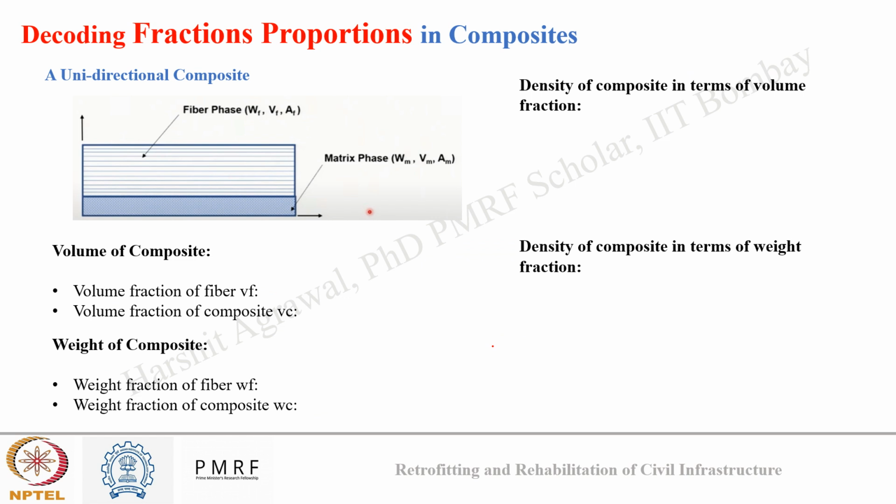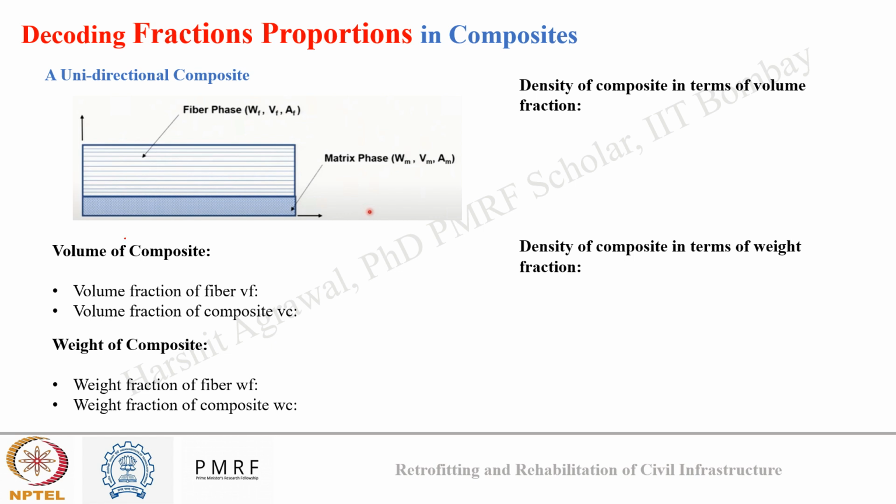First, decoding the fractional property of composite. This is the base. Why? Because these fractional proportions will decide later the elastic property of my composite. Now, how to determine the basic property of composite, knowing how much quantity of fiber and matrix are there, is what is known as fractional proportions.